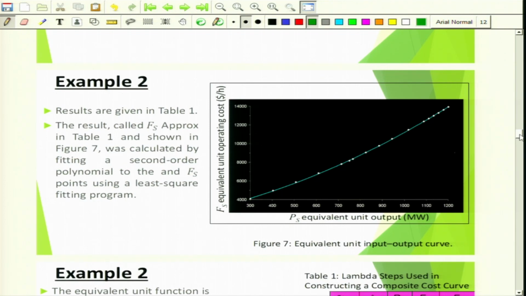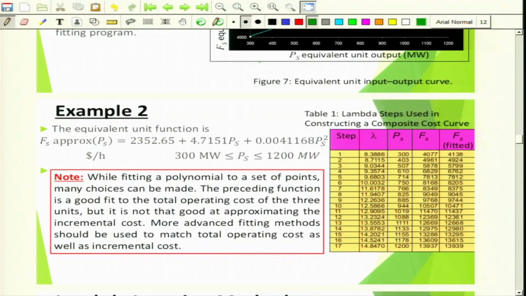Now how did we get this? Lambda is increased step by step to reach the maximum value, and for each lambda increase you obtain the PS, the total generation, and the total fuel cost corresponding to that. This is the actual value that you get, and with the curve fitting formula you obtain a curve, and in that curve for that specific lambda you are getting 4138.